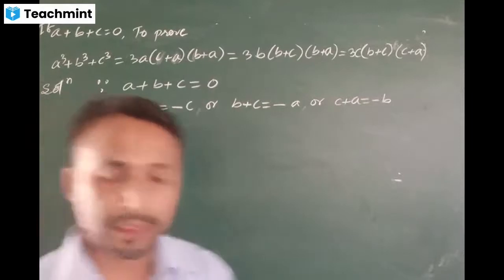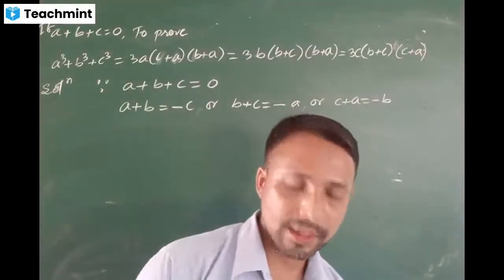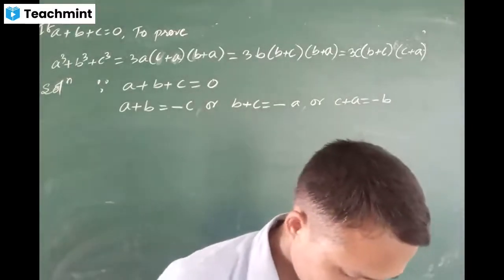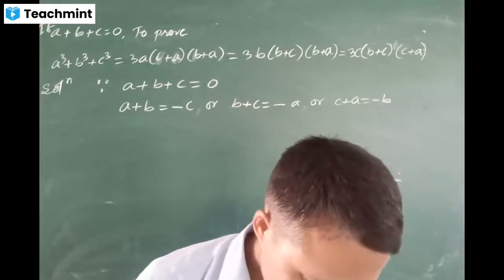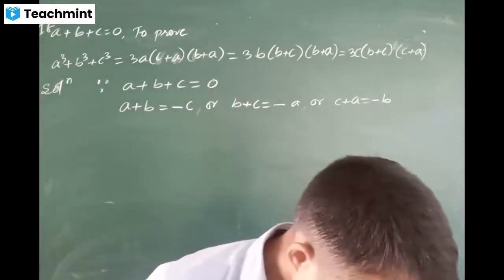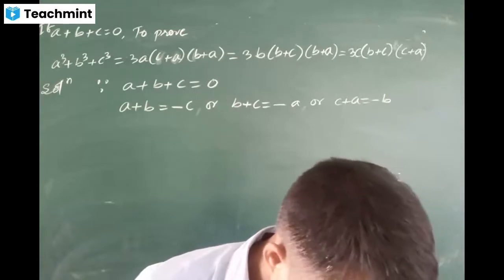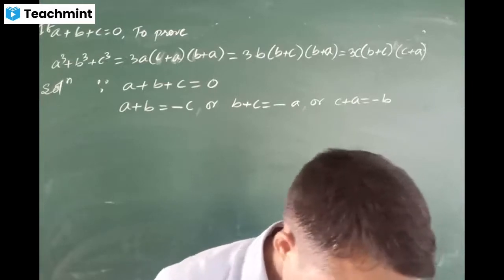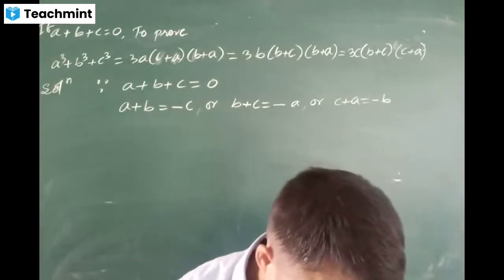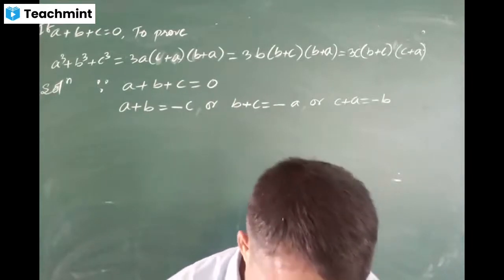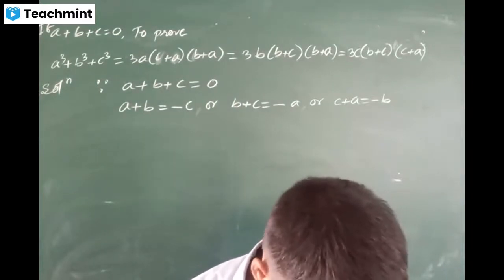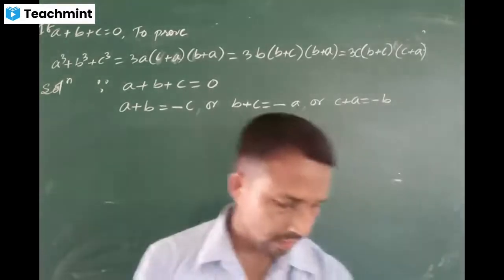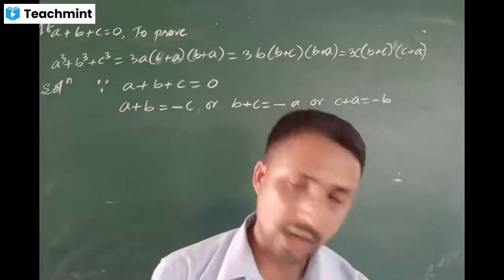Now A cube plus B cube plus C cube equal, you check, one formula is there. Just see formula 1.